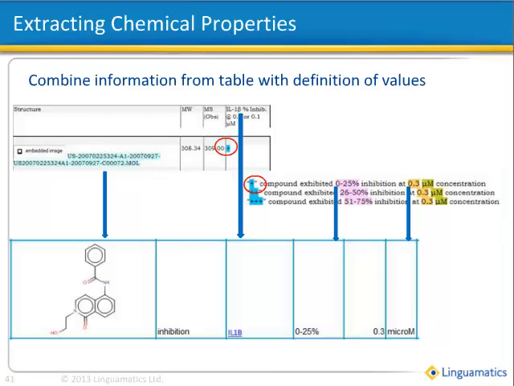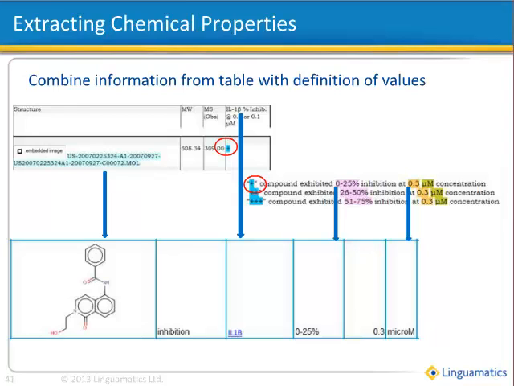we're looking at a chemical structure which is being represented in multiple places within the document. So we need to be able to say, okay, this string represents this 2D structure. We need to be able to identify that this particular compound is inhibiting something at a particular micromolar level.